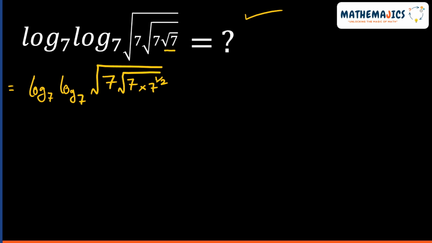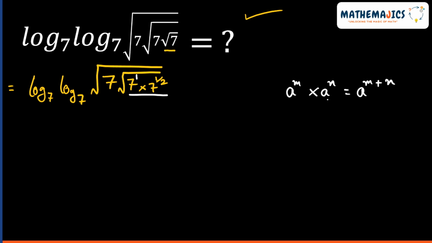Now after this we will be using one exponent rule that says a raised to power m times a raised to power n gives us a raised to power m plus n. Correct? When the base is same and the two numbers are multiplied, powers get added. Yes? So we will be doing this thing here. Here the power of this 7 is 1.